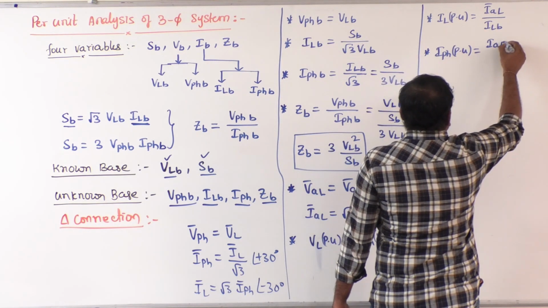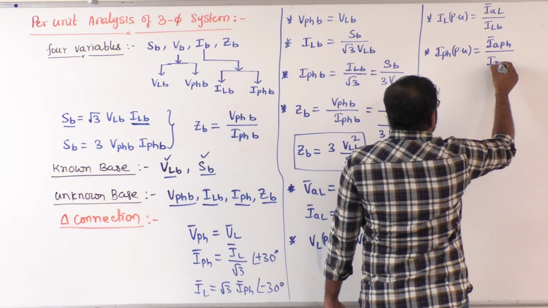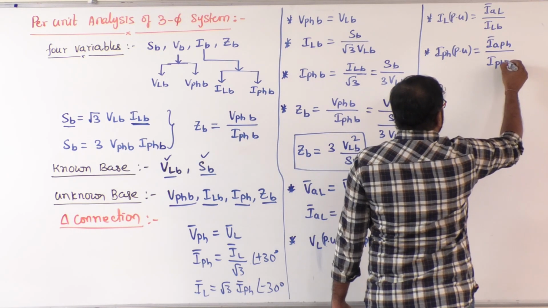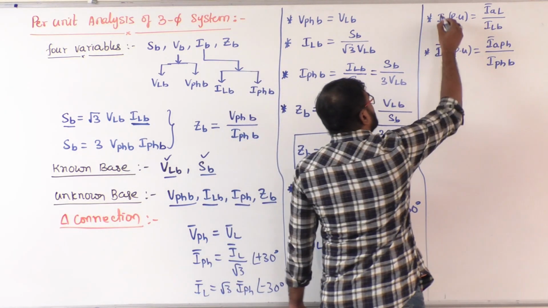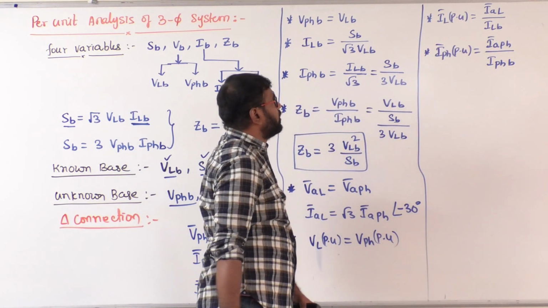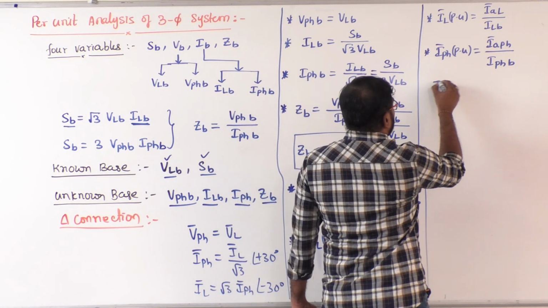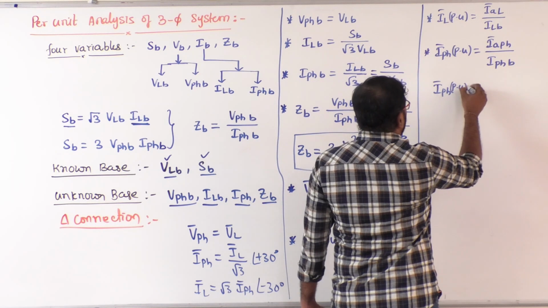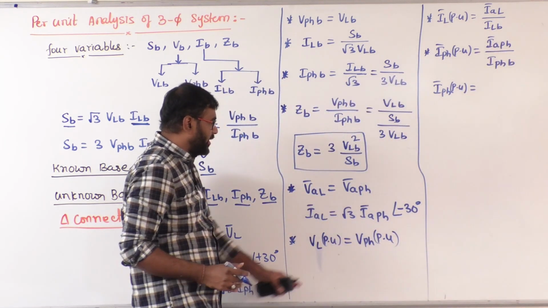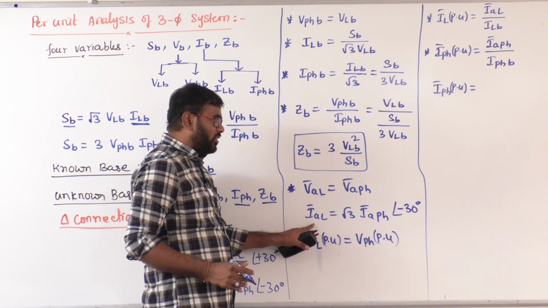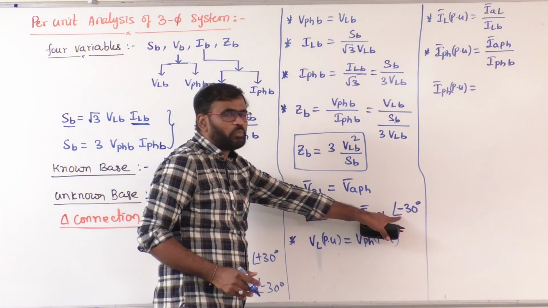It is the actual phase current divided by the I phase current base. Clear? These are phasors, right? So, I phase per unit equals I actual phase, which is I actual line by root 3 at an angle plus 30.